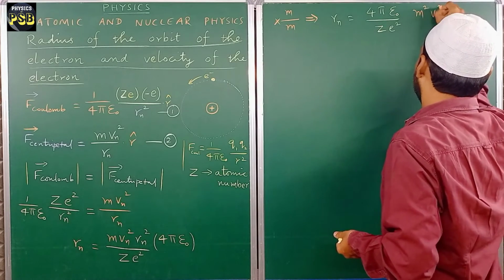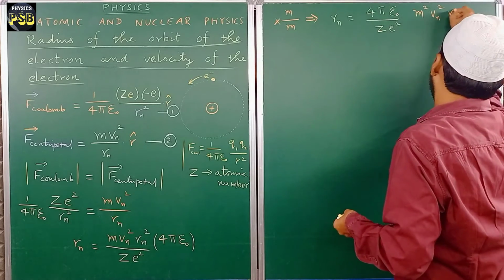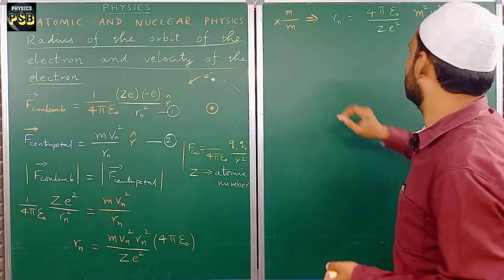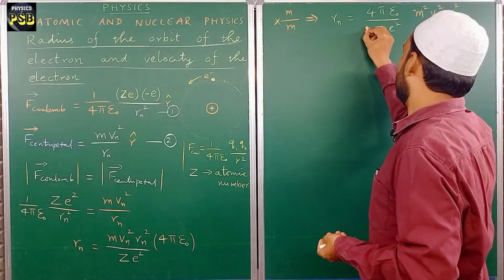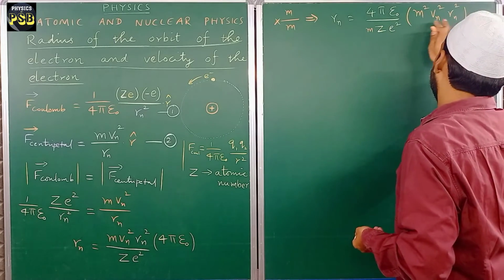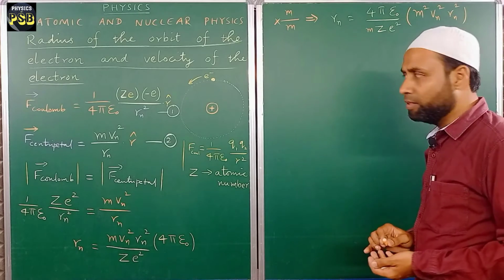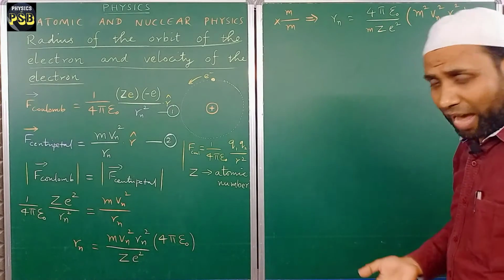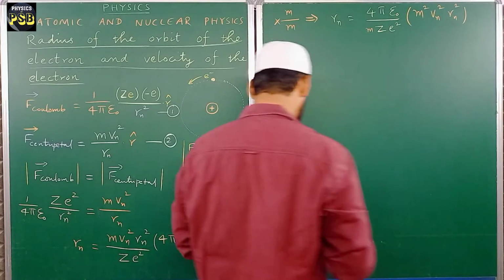Then vn square is already there, Rn square. Then I divide this with m, so m will come here. This is what I get. Here I get m vn Rn. Now this part can be simplified and written in this manner.